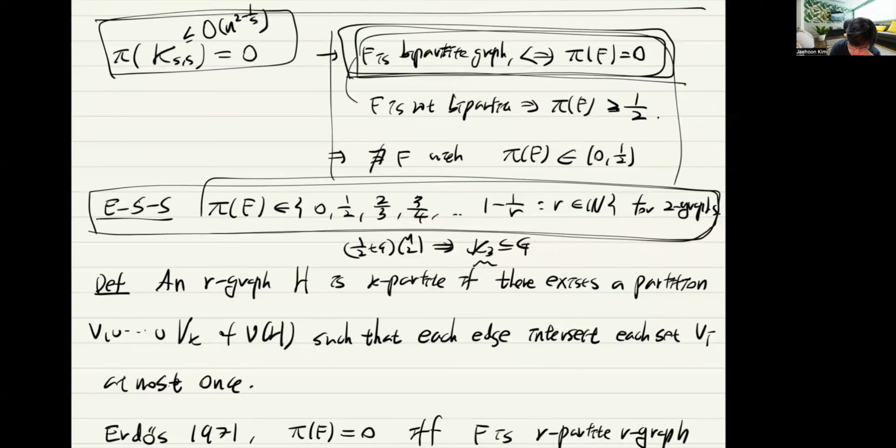K3 has 3 vertices, and it has more than half plus some constant of its edges. So this density was a bit over half, but suddenly you have a subgraph whose density is a lot higher than half.